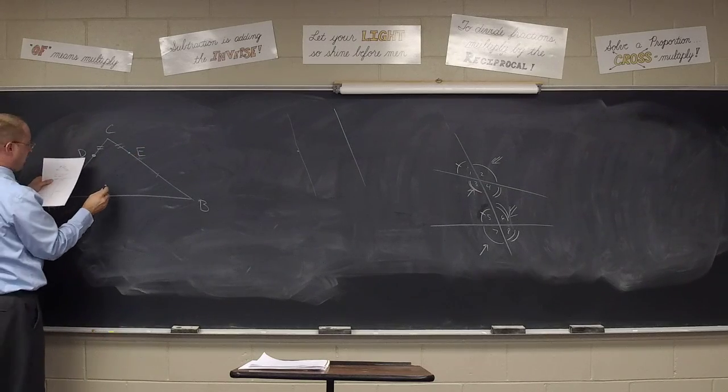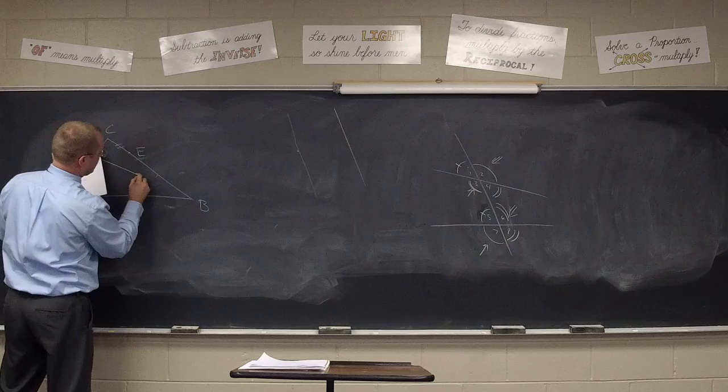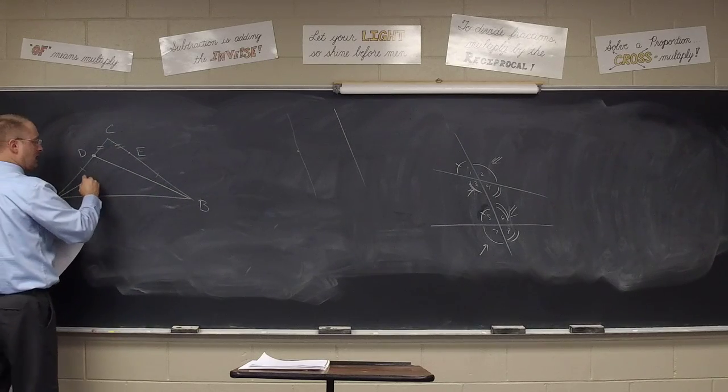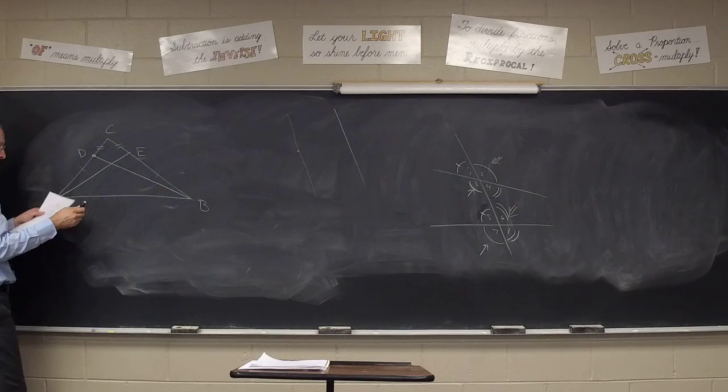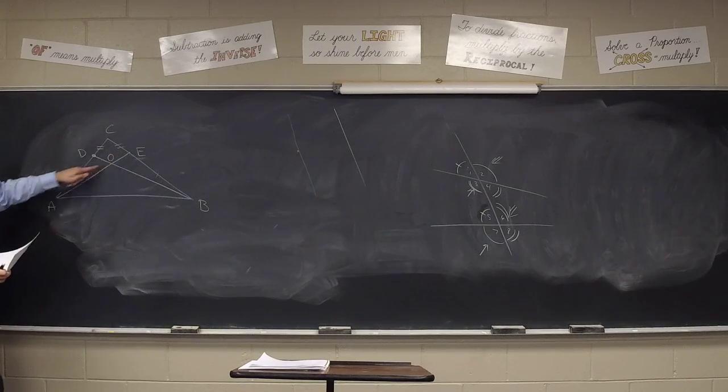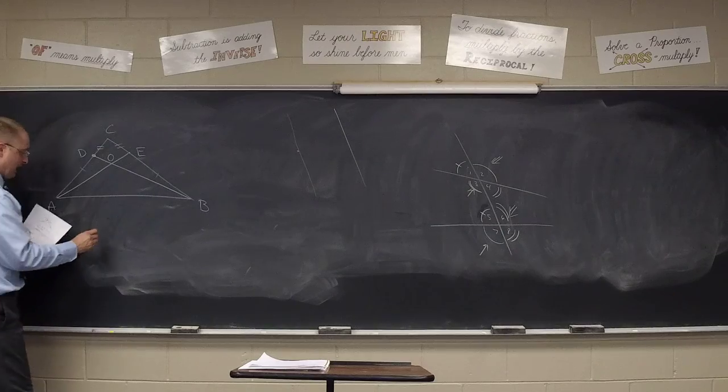And then lines were drawn from B to D and from A to E. And of course, those two lines are going to intersect somewhere. We called this point O. And the goal was to prove that this triangle, formed by the intersection of the lines, was indeed isosceles.